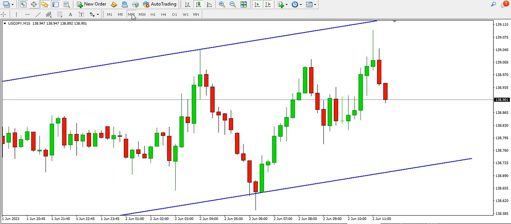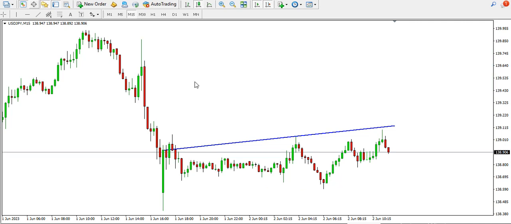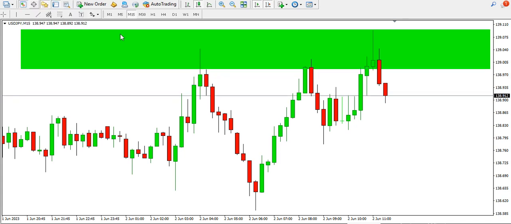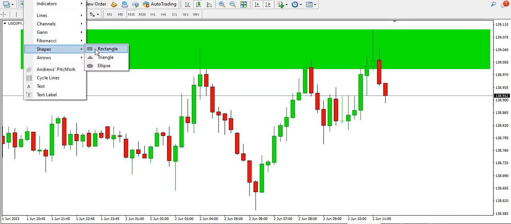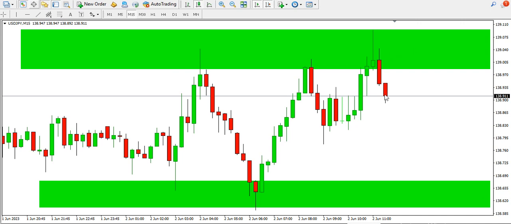On the 15 minutes time frame, we can see price is ranging. We might want to wait for the range breakout on the 15 minutes time frame for us to take our trade. The range top is around here and the range bottom is around here, so we wait for a range breakout before we make our trade decision.